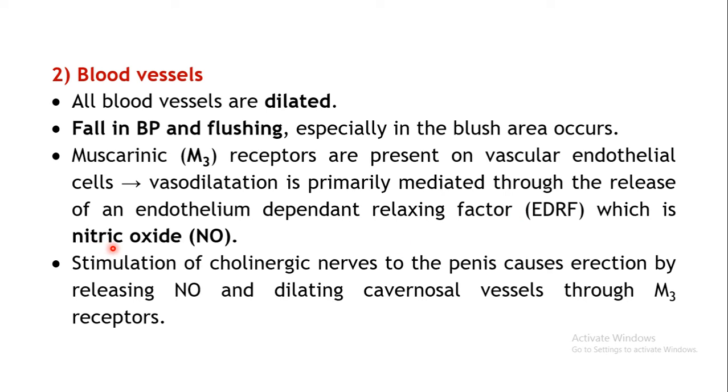It is actually nitric oxide or NO which is released. As a result of this, it will result in the relaxation of the smooth muscles of the wall of the blood vessel. So as a result of which the dilatation of the blood vessel will take place. So it will result in decrease in the BP.